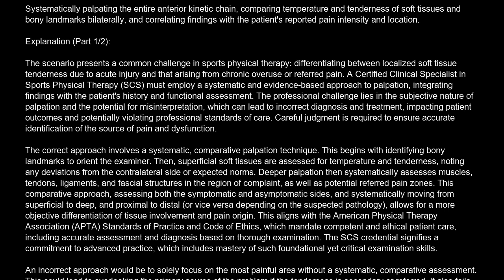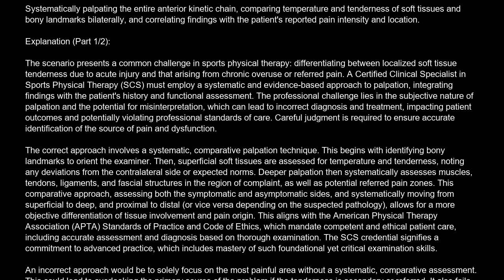The correct approach involves a systematic comparative palpation technique. This begins with identifying bony landmarks to orient the examiner. Then, superficial soft tissues are assessed for temperature and tenderness, noting any deviations from the contralateral side or expected norms. Deeper palpation then systematically assesses muscles, tendons, ligaments, and fascial structures in the region of complaint, as well as potential referred pain zones.